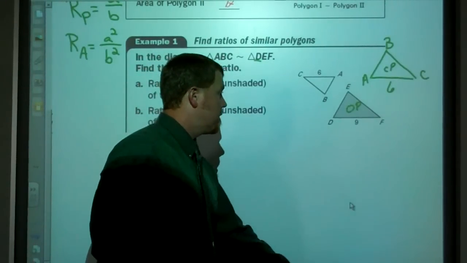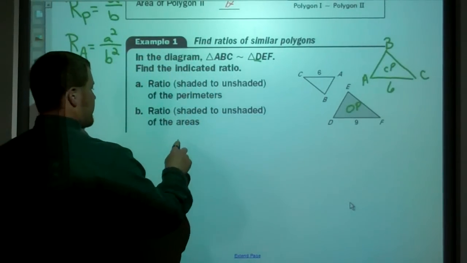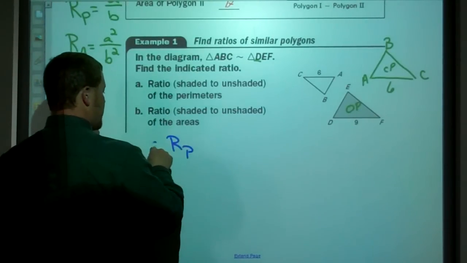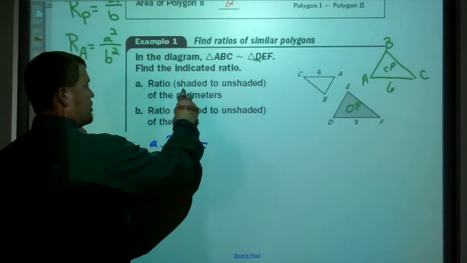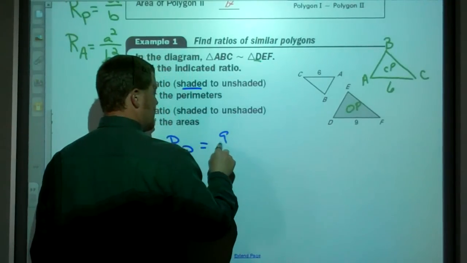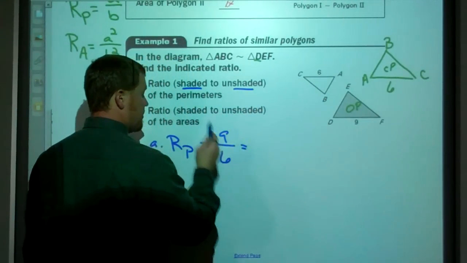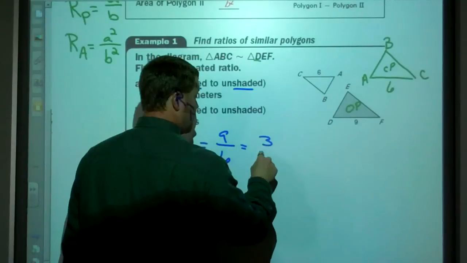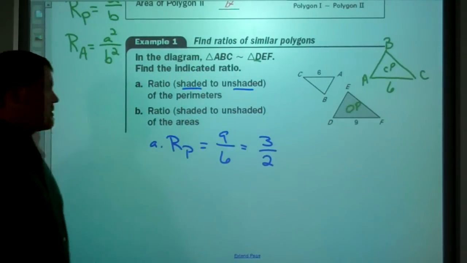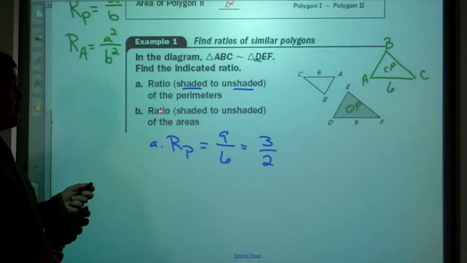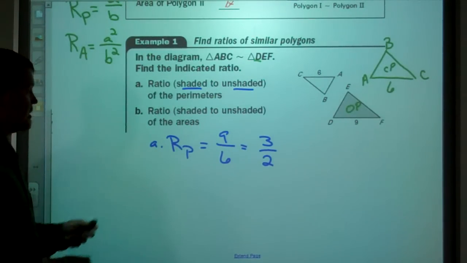We take a look here. The ratio of the perimeters, this is part A, equals shaded, which would be 9, to the unshaded, which would be 6. We can simplify that to 3 to 2. So the ratio of the shaded to unshaded is 3 to 2. Now, what's the ratio of the areas, shaded to unshaded?